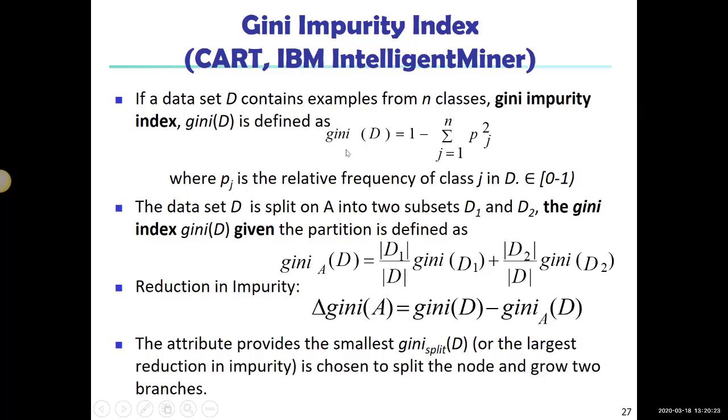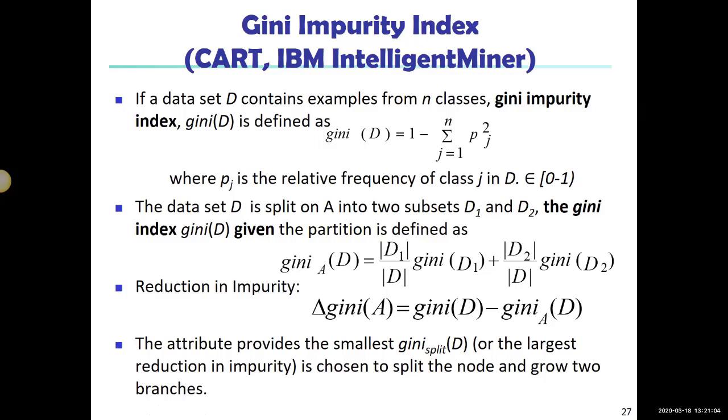Again, the idea of using the Gini impurity index is very similar to information gain. We first compute the Gini index on the entire data set. Then we choose which attribute we want to split on. With that split, we compute another conditional Gini index conditioned on this attribute A. The difference here is that using the Gini index, you always only split an attribute into 2 subsets.